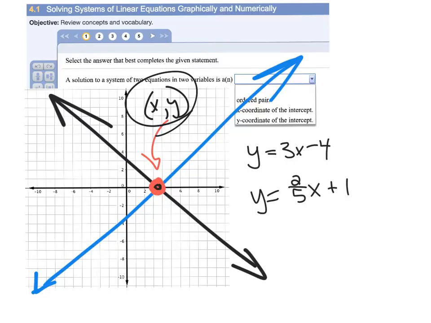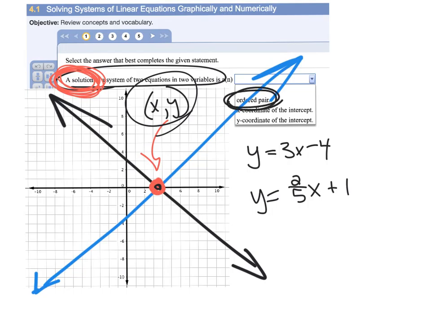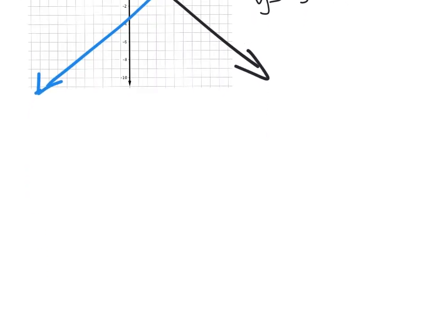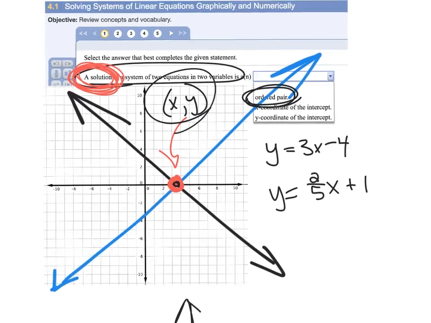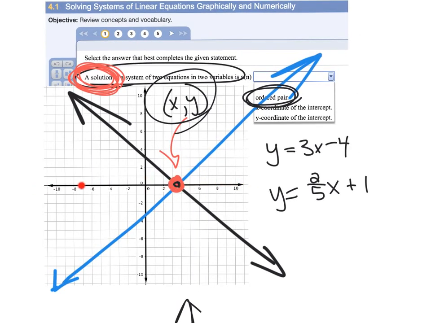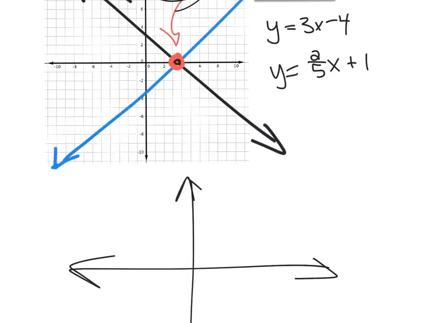So when you have two equations, meaning two lines, here's the key thing. The solution is where those two lines cross, and wherever that is, that's the ordered pair. Those two lines can cross in any way. I happened to make them look like they cross right there on an axis, but they don't have to.